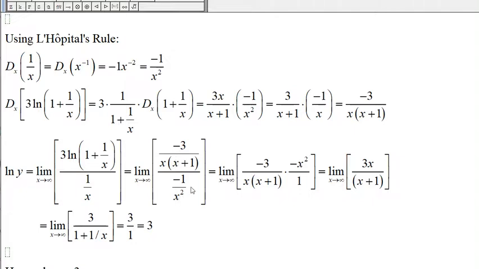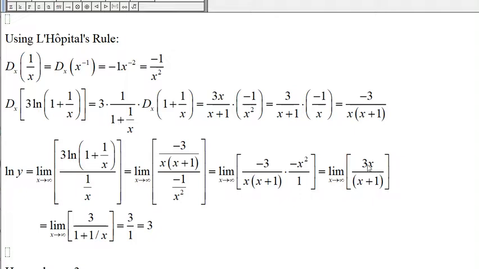And now this is the same as negative 3 over x times x plus 1 times the reciprocal of this, which is negative x squared over 1. Negative times negative is positive. x squared dividing by x is x.